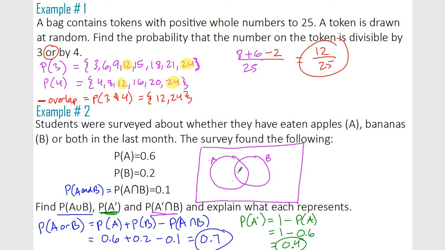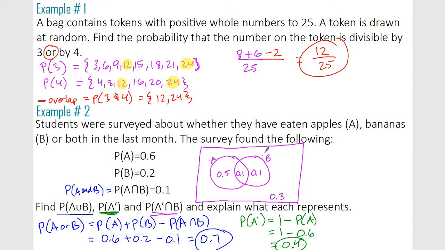So the overlap has to be 0.1. And all of A is 0.6, so that makes this part, not the intersection, be 0.5. And then this part of B would also be 0.1 because together they make 0.2. And then we can tell that everything outside is 0.3.